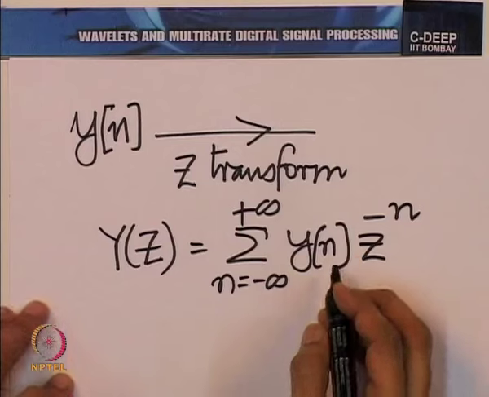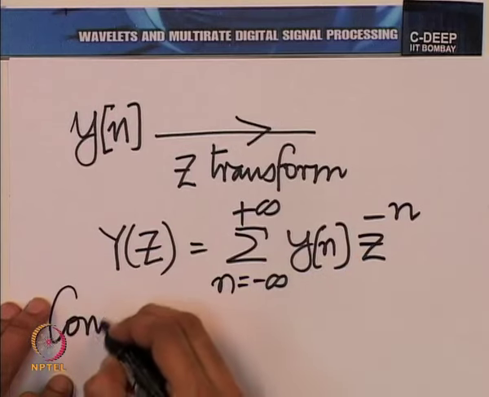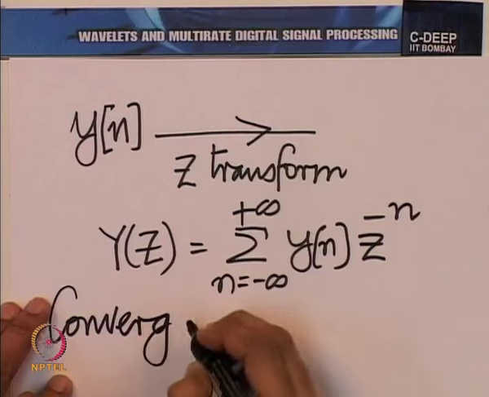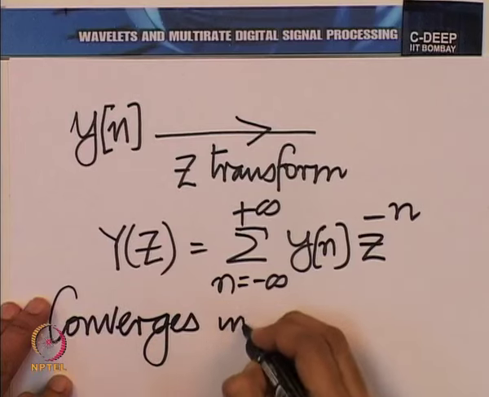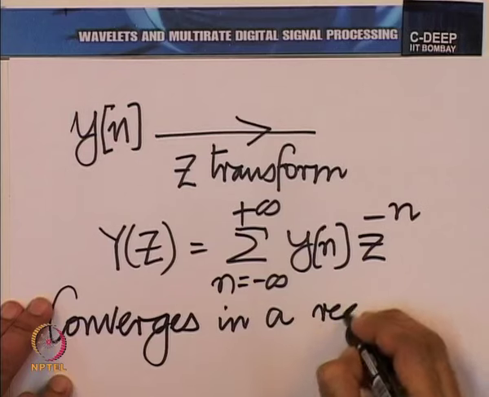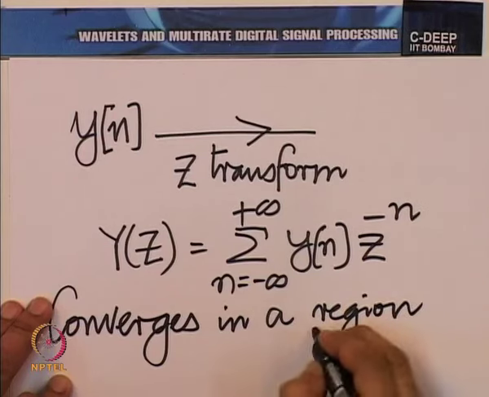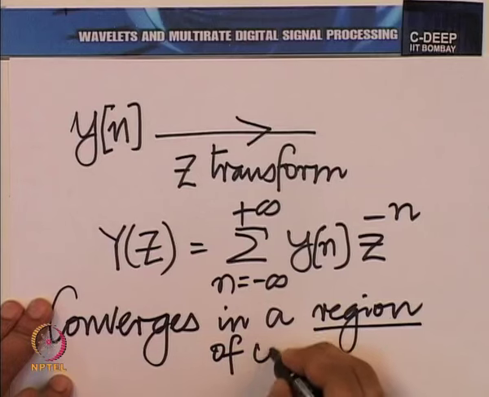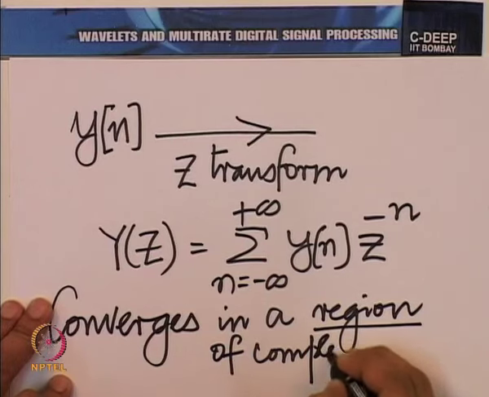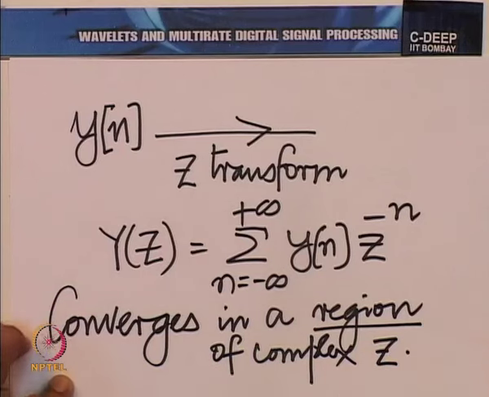Now, we must remember that this converges in a region of the z plane. It does not converge all over the complex z plane, and that region in which it converges is called the region of convergence.